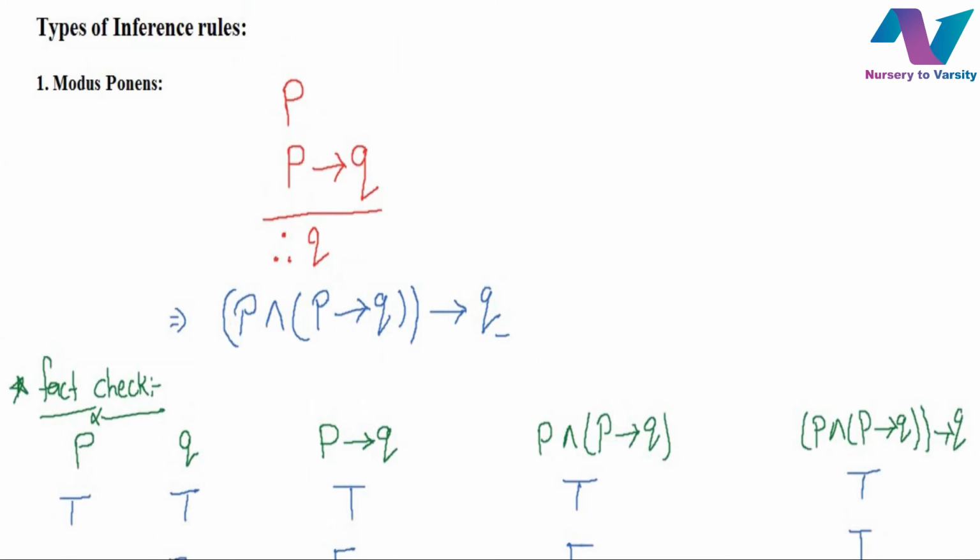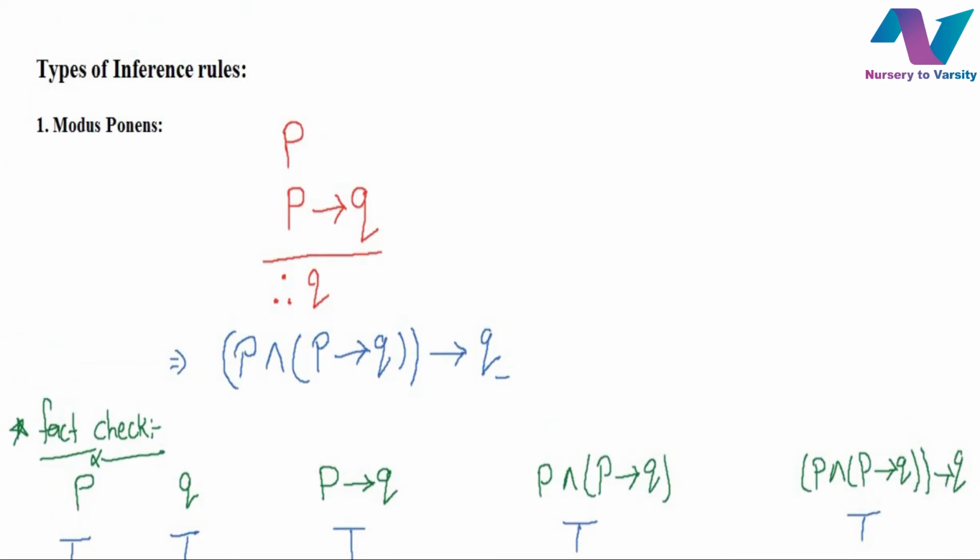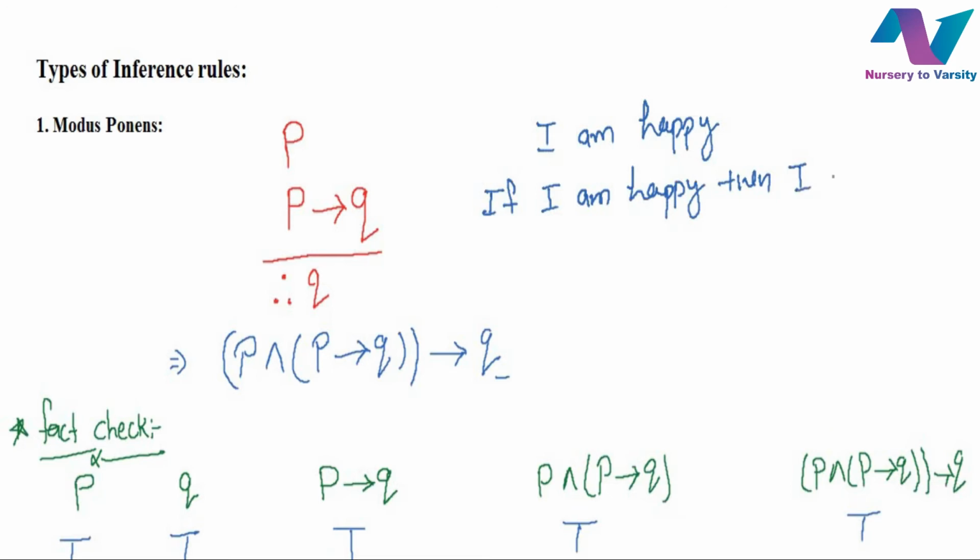We can also solve this with the help of an example. Consider P as "I am happy", and P implies Q as "If I am happy, then I go to temple."